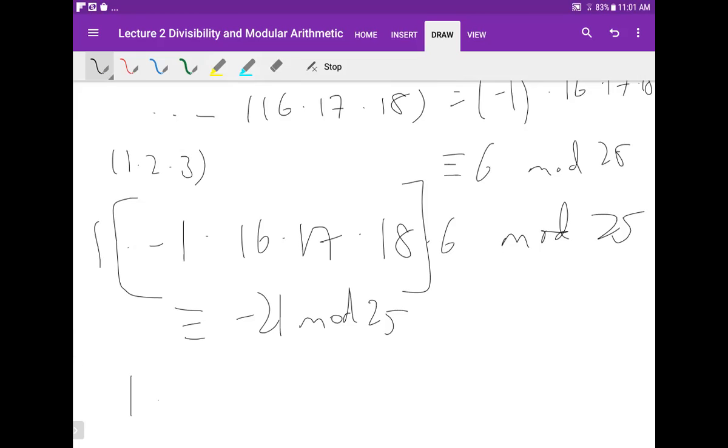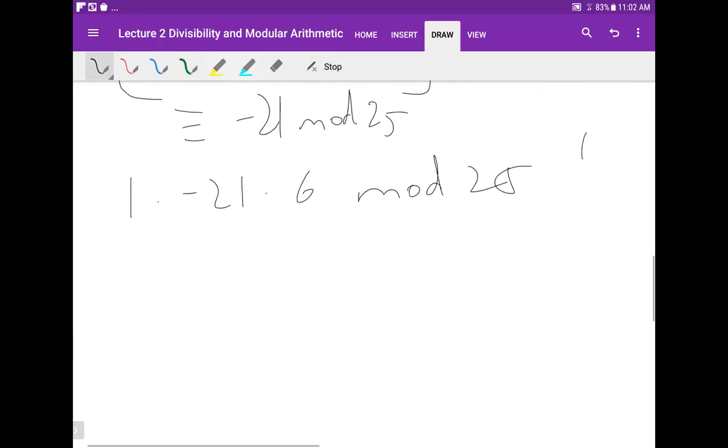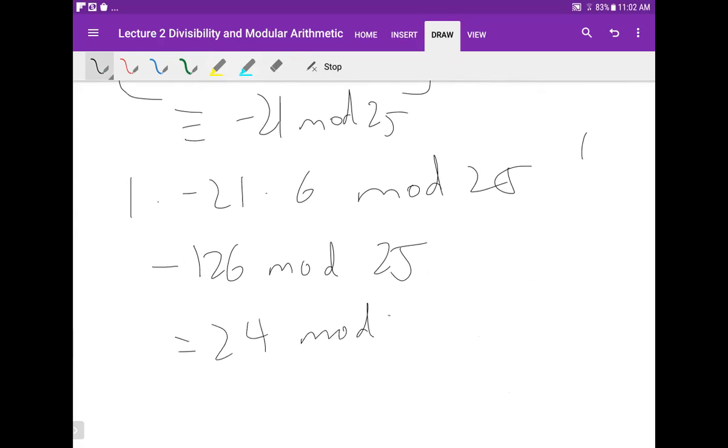So we have 1 times -21 times 6 mod 25. And then finally, we can reduce this one more time, right? So this is -126 mod 25, which is equal to 24 mod 25. So we know that m is equivalent to 24 mod 25, right?